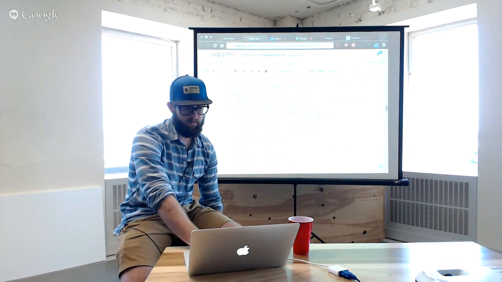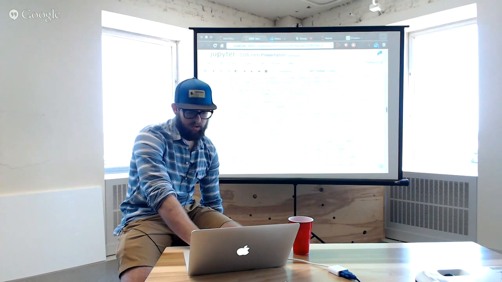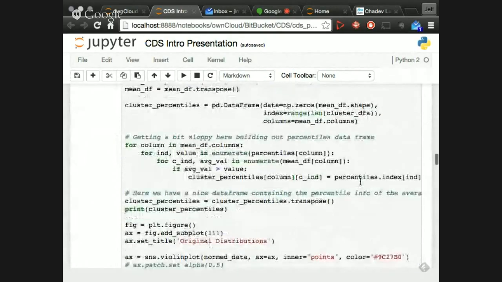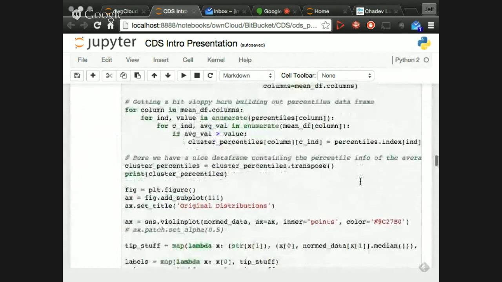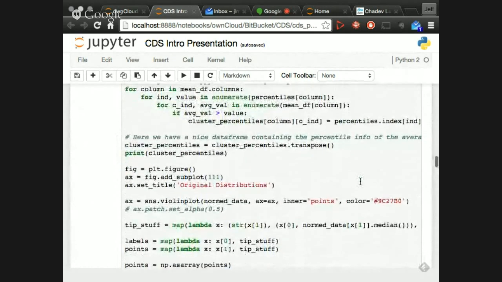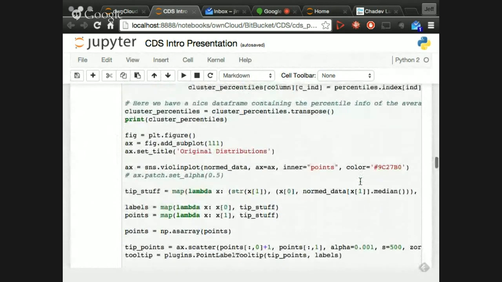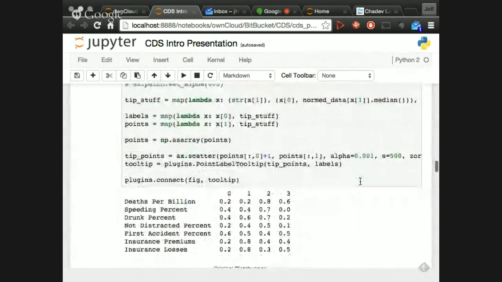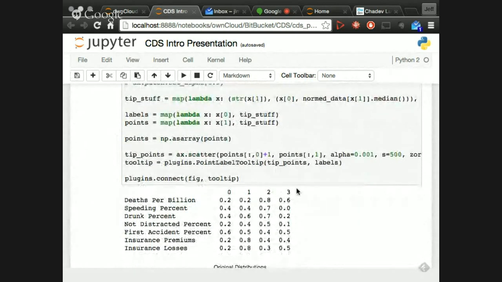This is a little more involved, and I got a little sloppy in some places, but basically what we get here is clusters, and then I took note of what the percentile limits for each category were: the 10th, 20th, 30th, up to 90th percentile of each category.